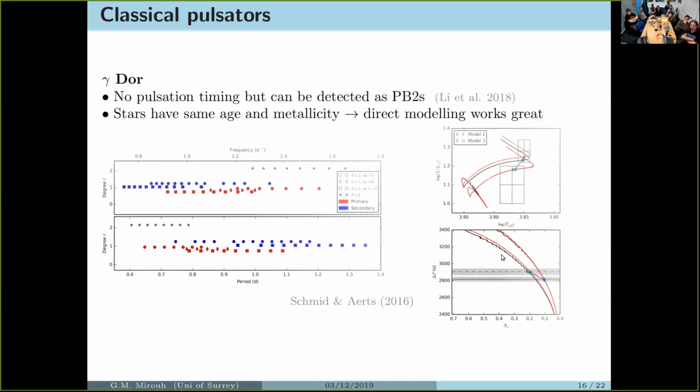And here you have the equivalent for the seismic part of it, where they compare the period separation for the modes in both stars. Here on the left, you have the spectra basically distributed in the two stars. So red are for the primary star, blue are for the secondary star, and the shade shows the azimuthal order.